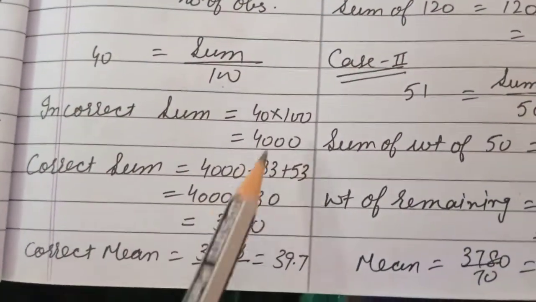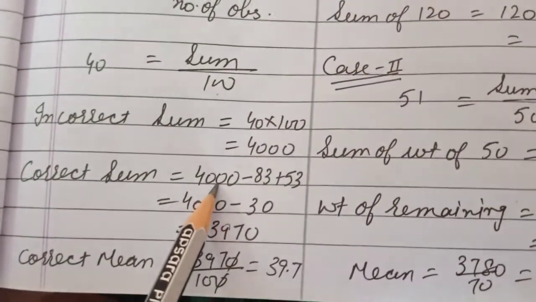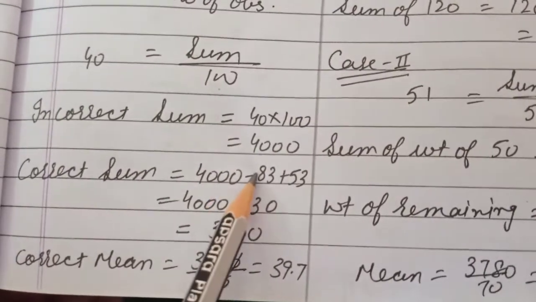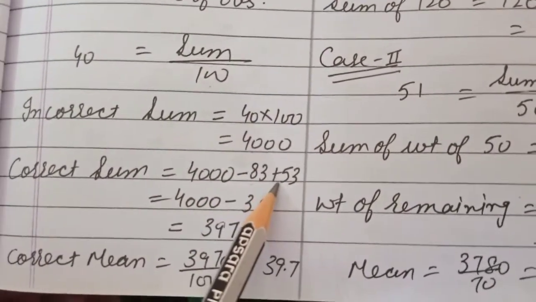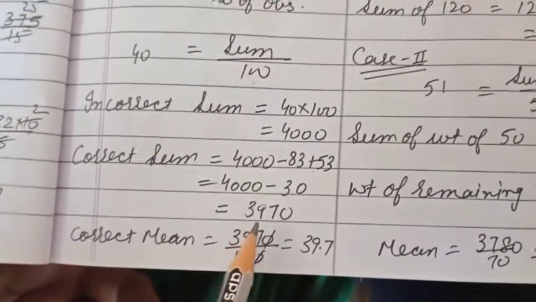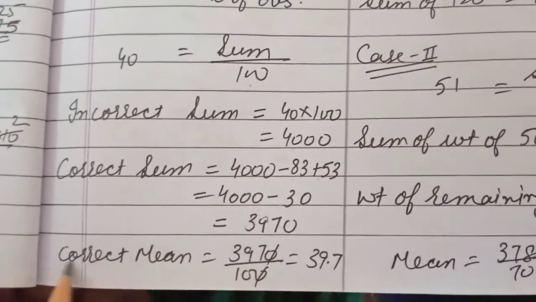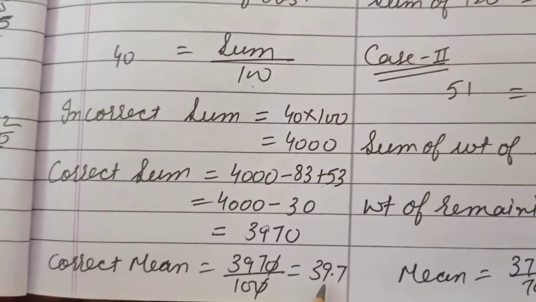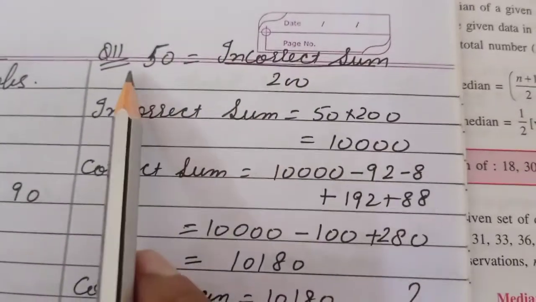This is the incorrect sum, 4000. What was the wrong value we took? 83. Subtract it. And what is the correct value? Add it. Clear? That means the correct sum is this. So the correct mean will be the correct sum divided by the number of observations. This is your answer.